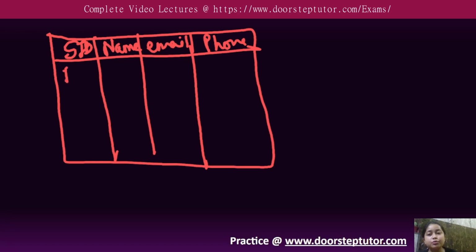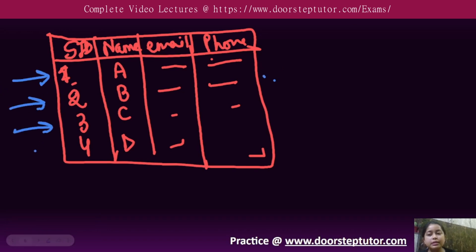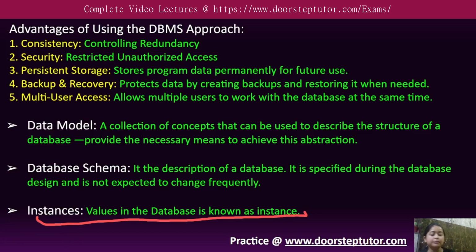When you write student ID 1, 2, 3, 4, name A, B, C, D, the email ID of the student, and the phone number of the student, all the values are inserted. So these are the instances. Each row is an instance. This is one row, this is another row, and so on. The values in the database are your instances.